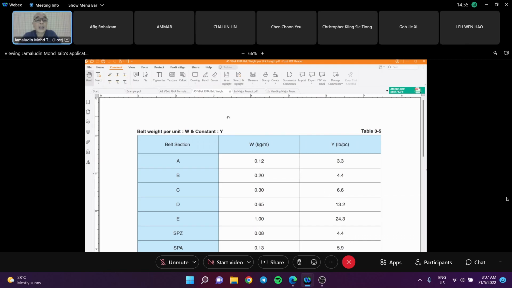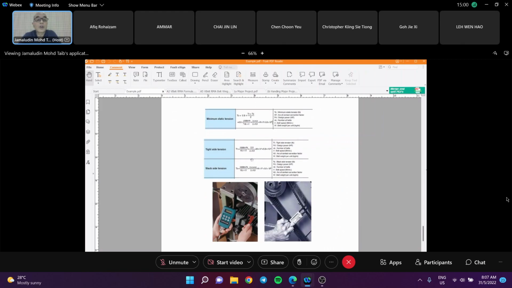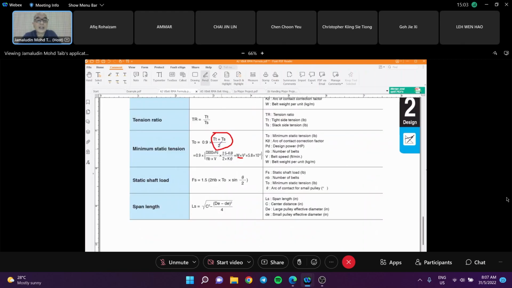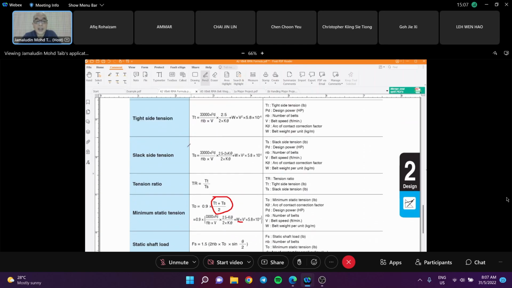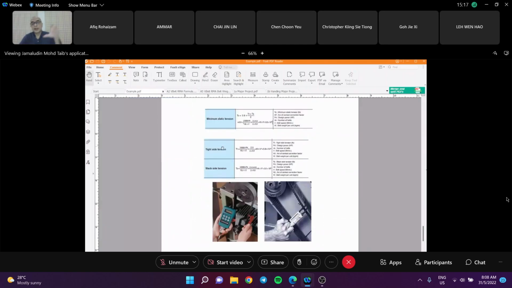Okay, that's going to be the value here. How to get the TT, the initial tension, will be the formula up here, and there's a TT and the TS here: tight side tension and slack side tension. Okay. When you install it, you set the belt, and based on the minimum static tension value, we calculate whether the tension should reach this value.